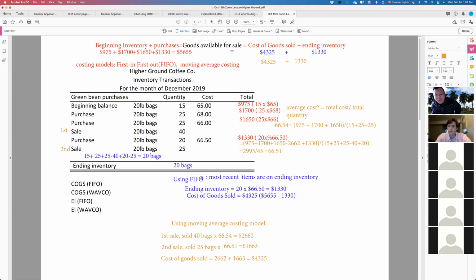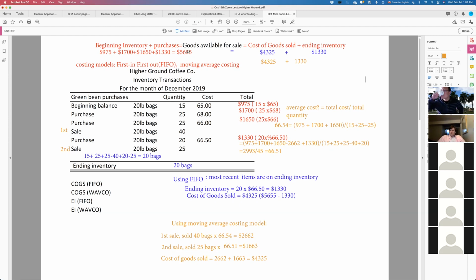If you go with FIFO or average cost, that is going to affect these two numbers. However, the total of the two numbers is always the same, regardless of the costing model. Does that make sense?